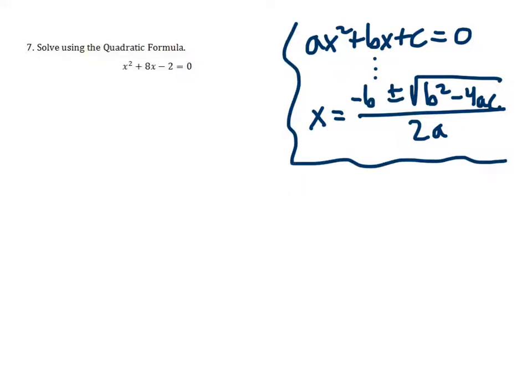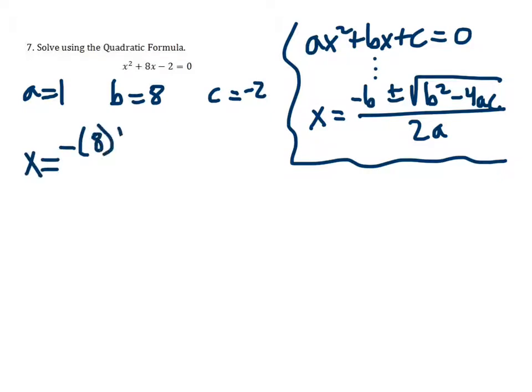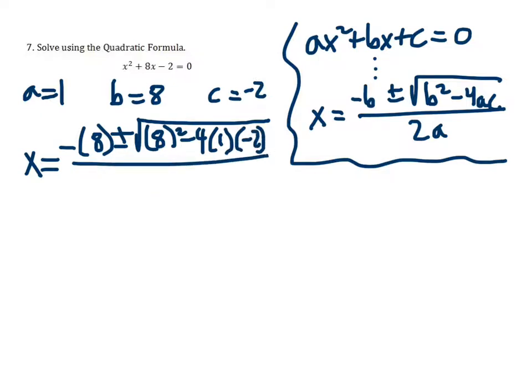So here we have an equation in standard form. The number in the a spot is 1, the number in the b spot is 8, the number in the c spot is negative 2. And so we just plug that into our quadratic formula. x equals negative b, which is 8, plus or minus the square root of b squared, which is 8 squared, minus 4 times a times c, all over 2 times a.